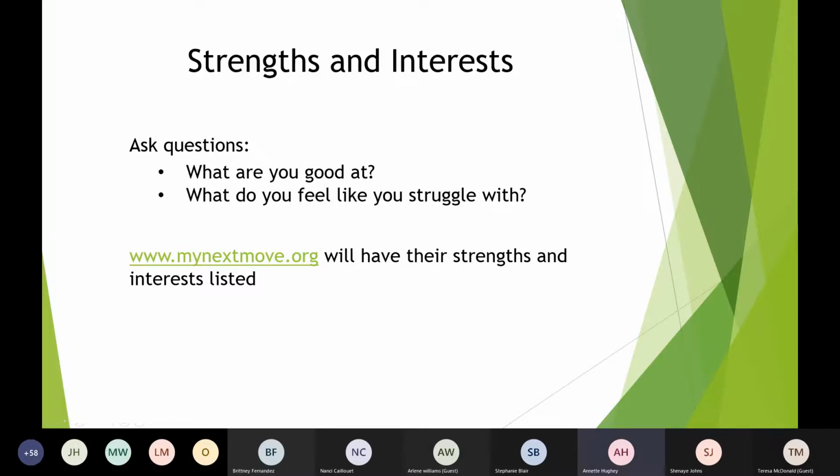And it's hard for us to disclose, especially our weaknesses. So we're very uncomfortable. A lot of us, most of us, all of us at some point are uncomfortable when we talk about things that we struggle with. So as a career planner, or any front staff individuals working with participants, we have to make sure that we're able to approach them in a manner that they're comfortable with and that they're willing to share.